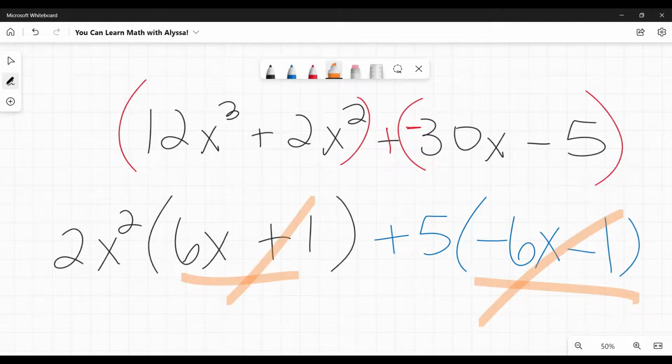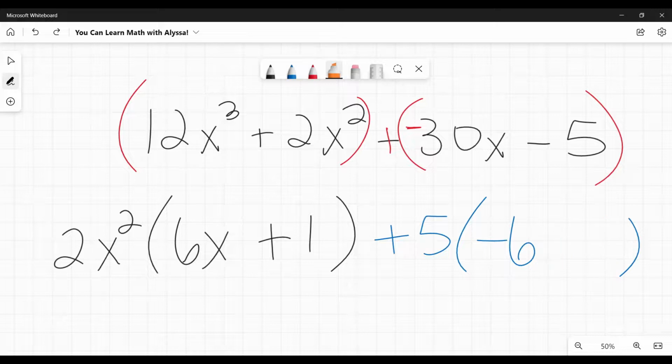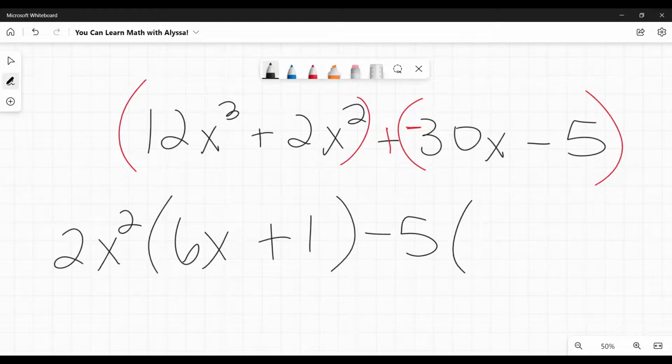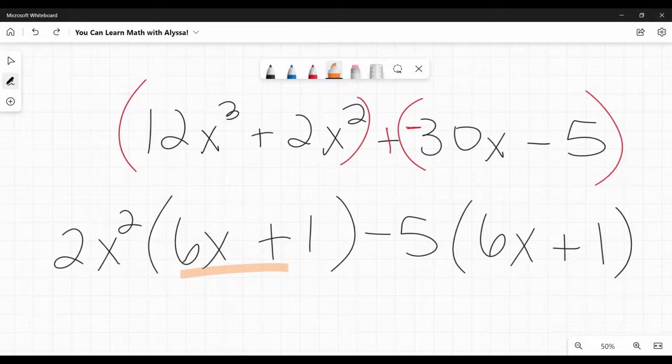They are not identical. They have to be identical. When you have these signs that are opposites, you have to pull out a negative greatest common factor to make them match. So negative 30 and negative 5, I'm going to pull out a negative 5 as my greatest common factor. Negative 30x divided by negative 5 gives me positive 6x, and negative 5 divided by negative 5 gives me positive 1. Now those binomials match.